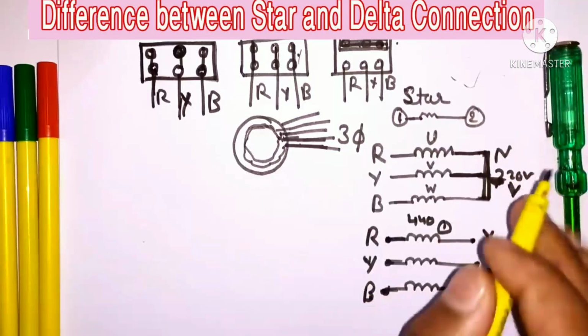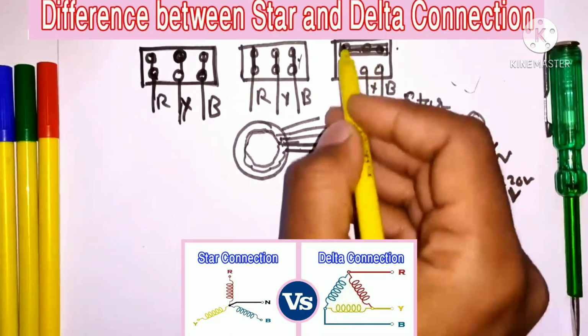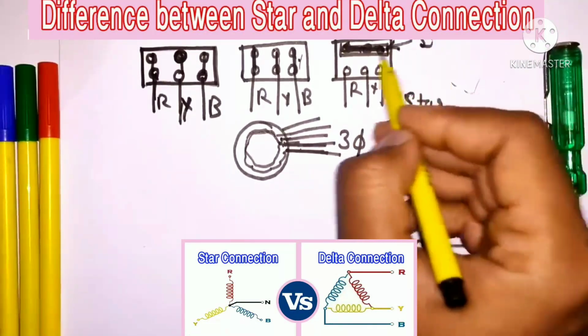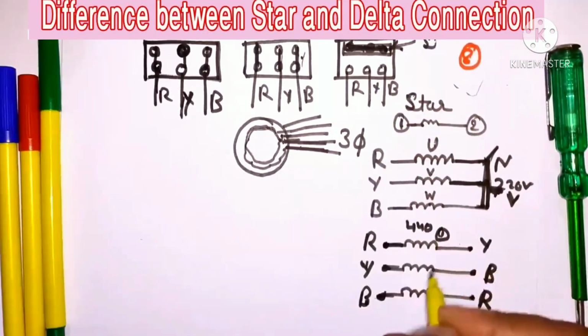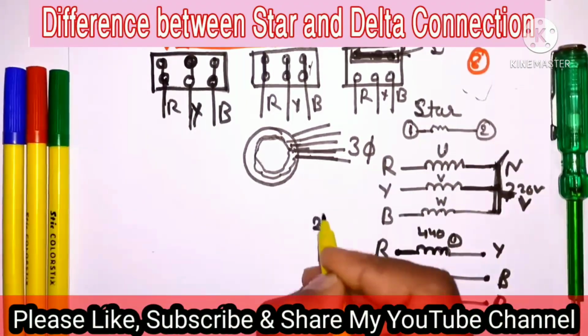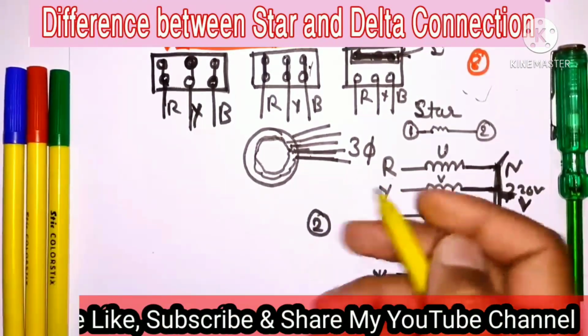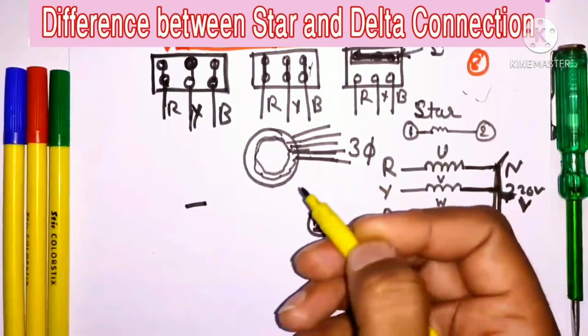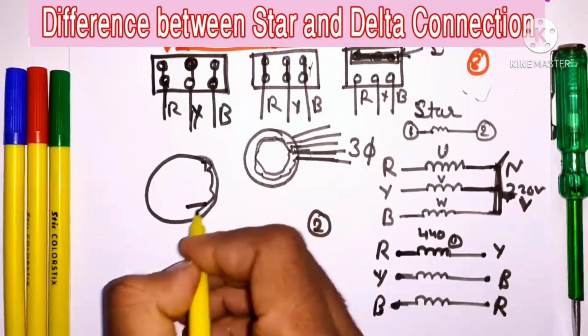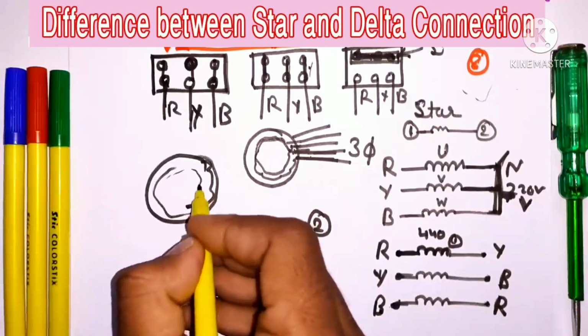U2 V2 and W2, the three terminals, are connected to each other, that is the neutral. Here there is no current, but you cannot touch it by your hand, you can use your tester. This is the neutral point in the star connection, and every winding has a single phase 220 volts.